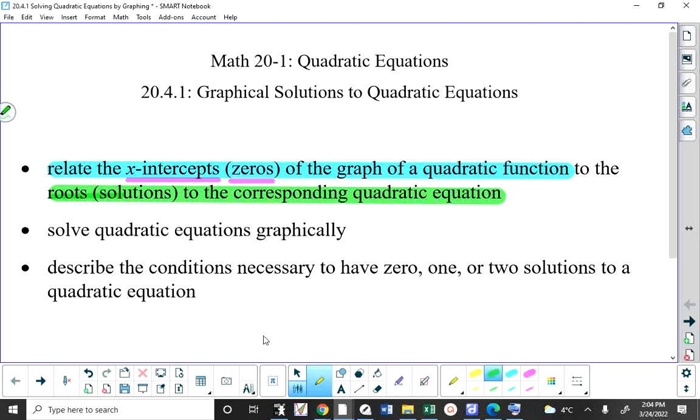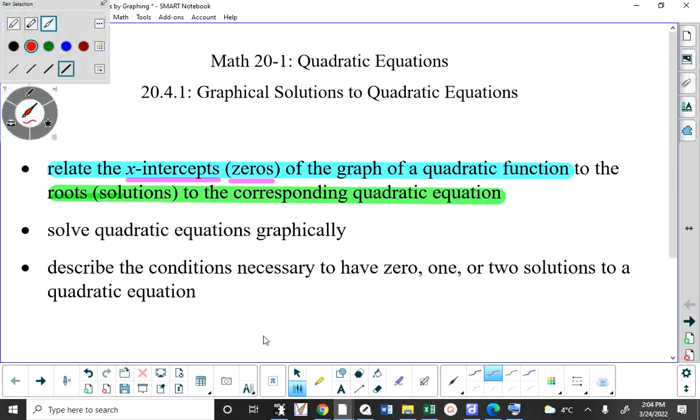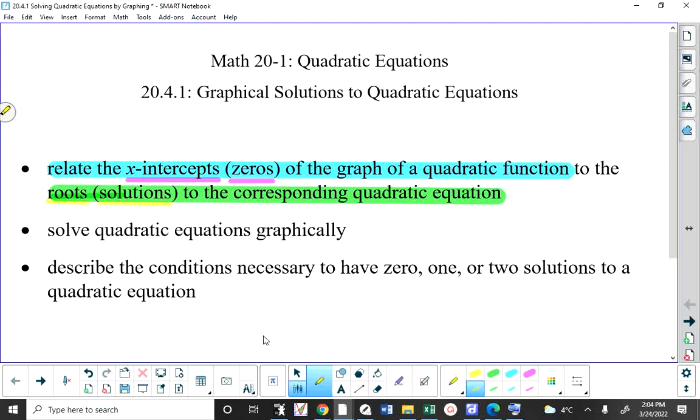When you talk about equations, you're talking about what are called the solutions or the roots. So the word root and the word solution mean the same thing, and they have something to do with an equation. X-intercept is the same thing as zero, and it has something to do with a function. There's a lot to take in there.